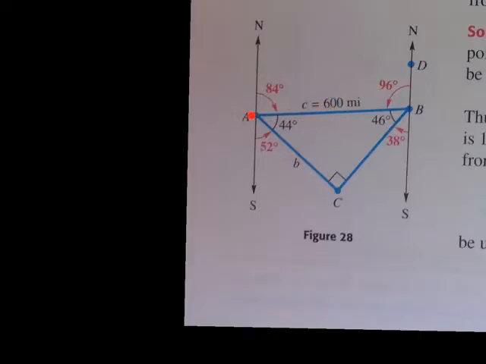If it takes 2.5 hours to go 250 miles per hour, if I multiply those, that will give me my distance from A to B, which is 600 miles. So that's the only reason they gave you that information, in order to get the length of that line.